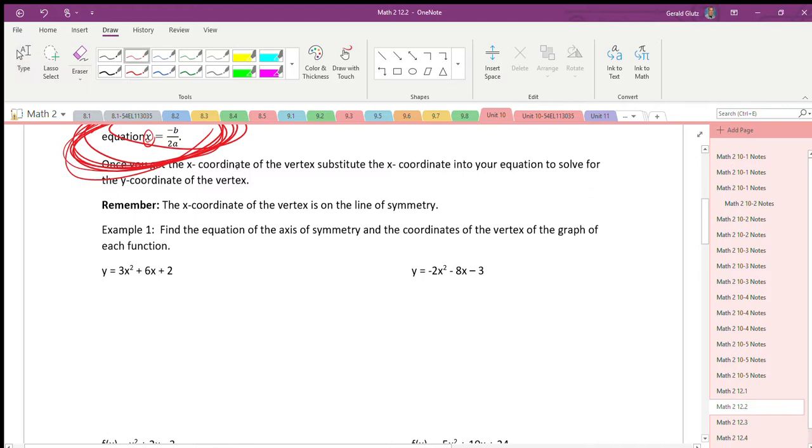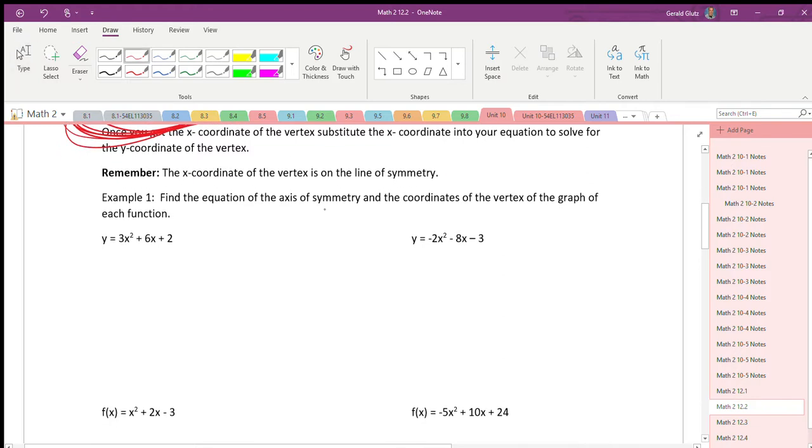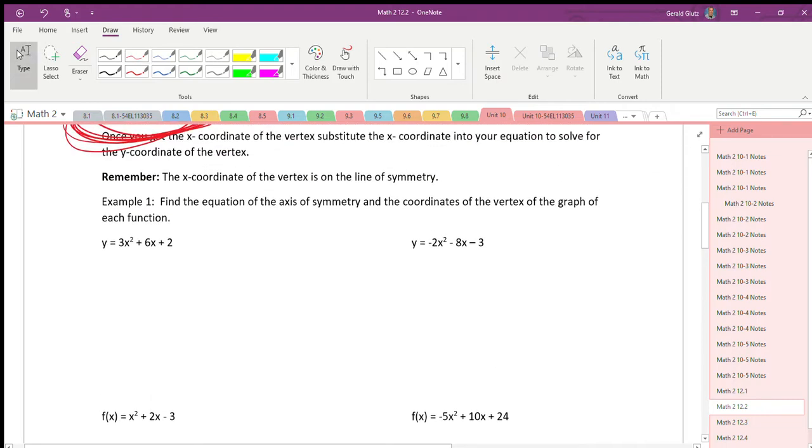Which is what this is all explaining right here. So in example 1, if I need to find the equation of the axis of symmetry and the coordinates of the vertex of the graph for each of these, the first thing I'm going to do, since I notice this is in standard form, is say x equals negative b divided by 2a. The b value is whatever is multiplied times just x.